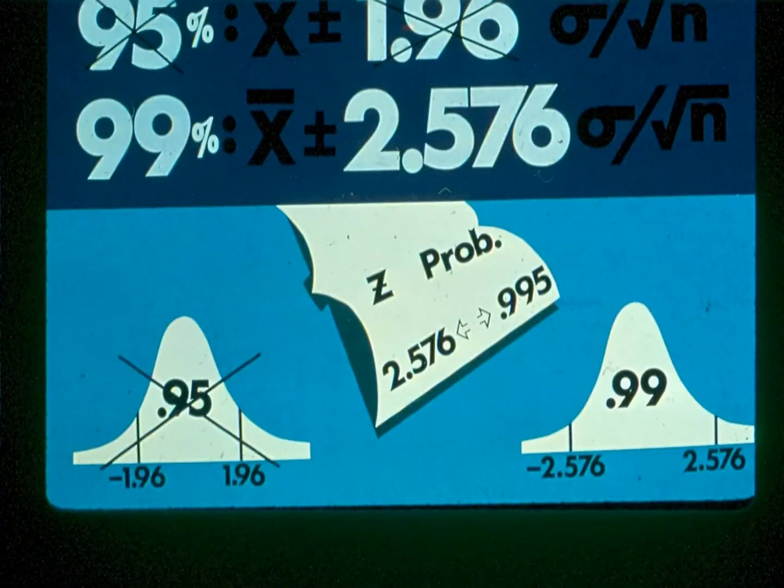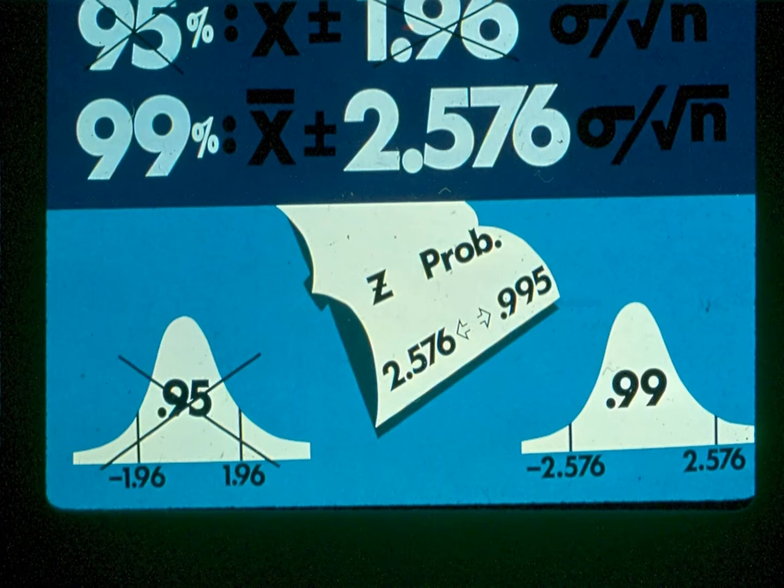We now replace the 95% confidence interval formula given at the top with the formula for a 99% confidence interval, which is shown just below it. The only difference between the two is that 1.96 is now replaced by 2.576. The reason for this change is that we need to determine the middle 99% points of Z, shown at the bottom right, rather than the middle 95% points crossed out at the bottom left.